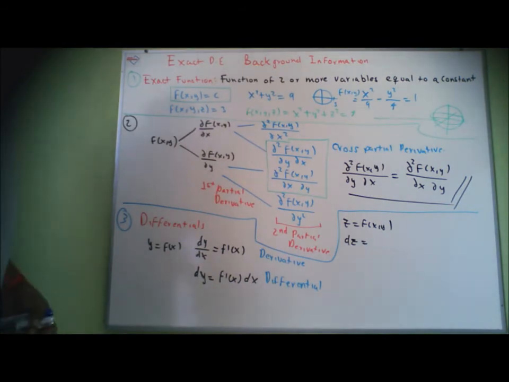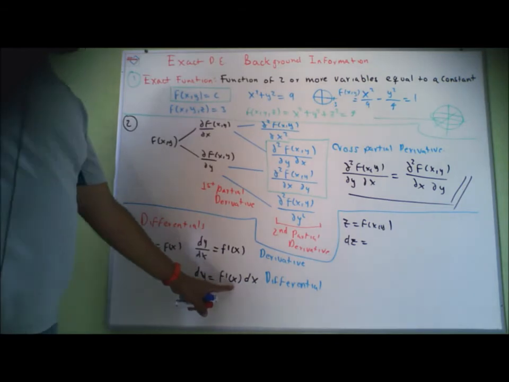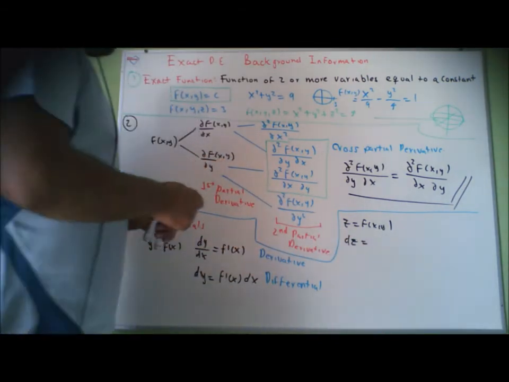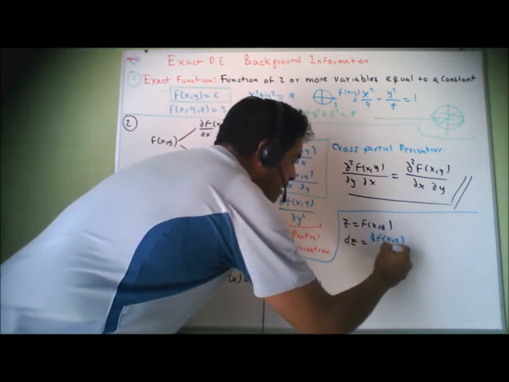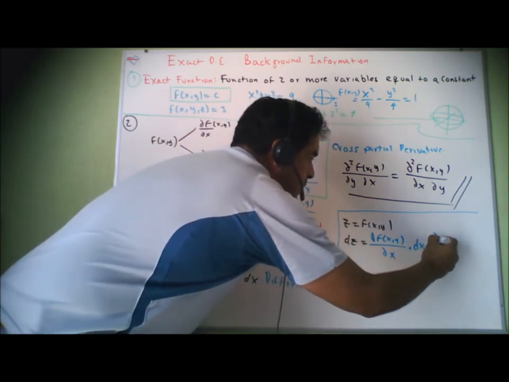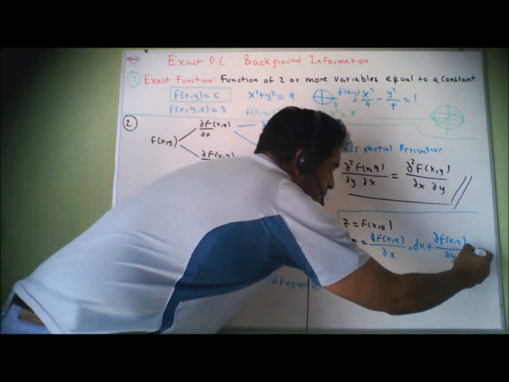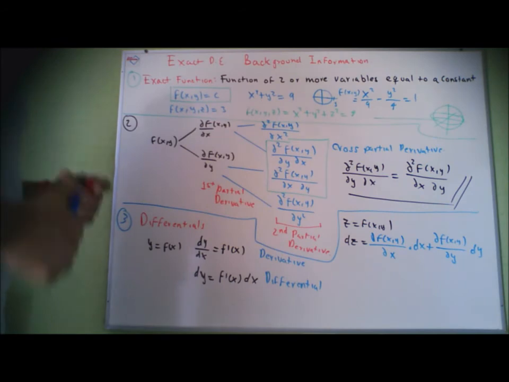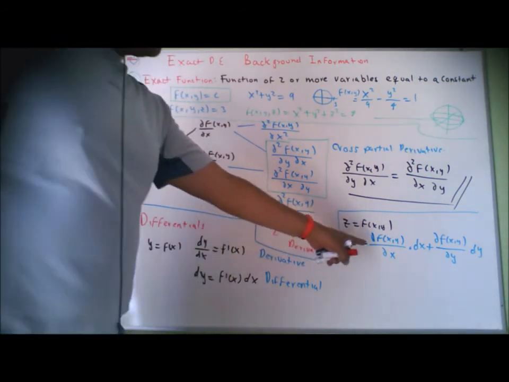Because this is a function of two variables, the differential of z will be partial of f with respect to x times differential of x plus the partial of the function with respect to y and then differential of y. So that's how you get the differential. So the differential on two variables is the partial with respect to x times the differential of x plus the partial of the function with respect to y times differential of y.